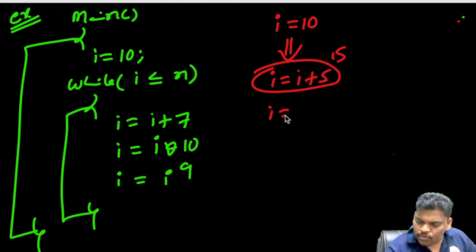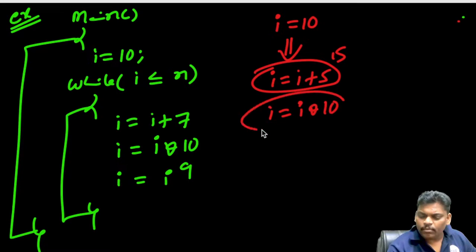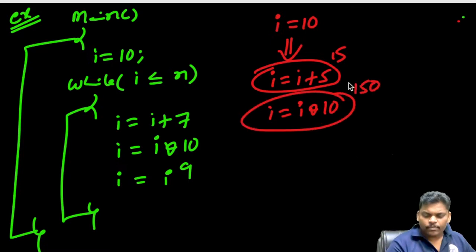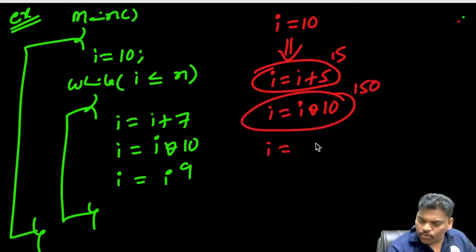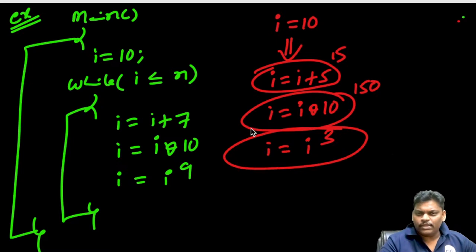Next one, i = i * 10. 15 into 10, it became 150. Next one, i = i power 3. Suppose in some number, i = i power 3.